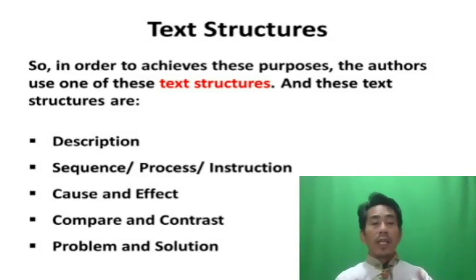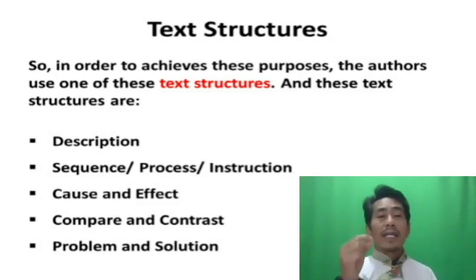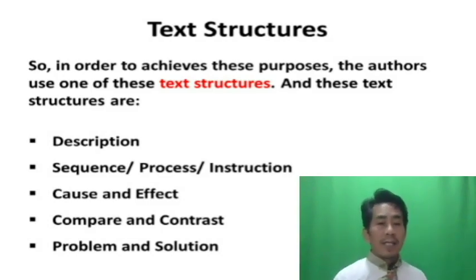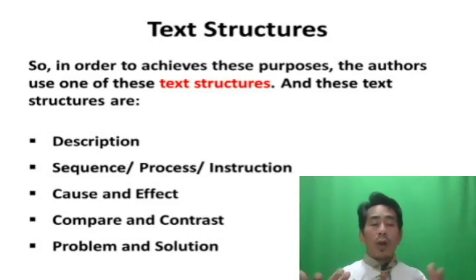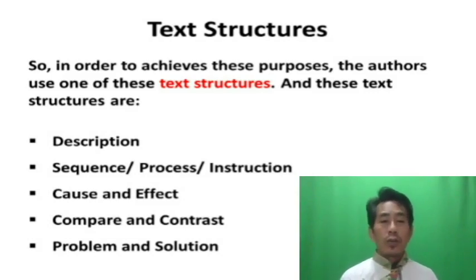Try to give one example of one of these text structures. You can write on description or cause and effect or compare and contrast or problem and solution. So please try at least one of these homeworks.